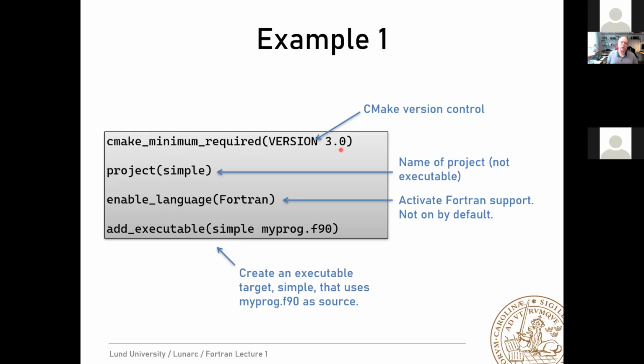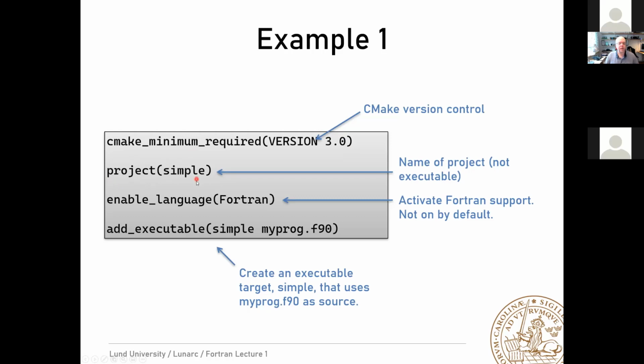That first line also tells which syntax is used, because CMake has been updated over several versions. By specifying this, you make sure it uses the correct syntax. But yeah, it's just boilerplate.